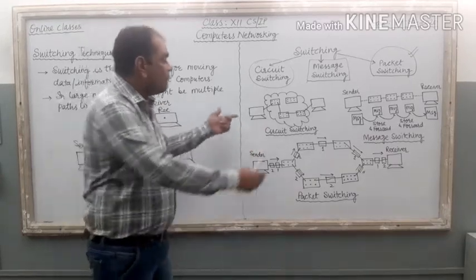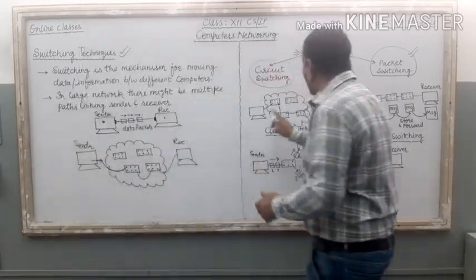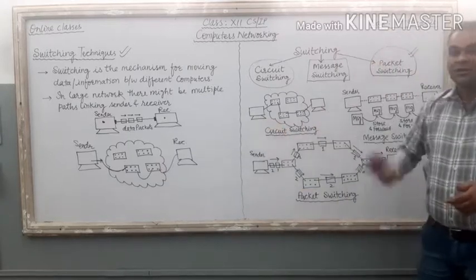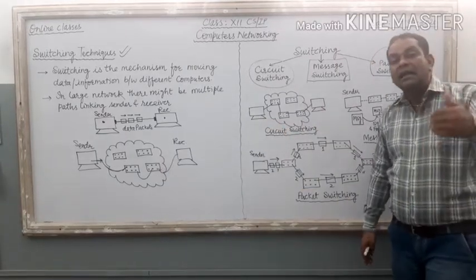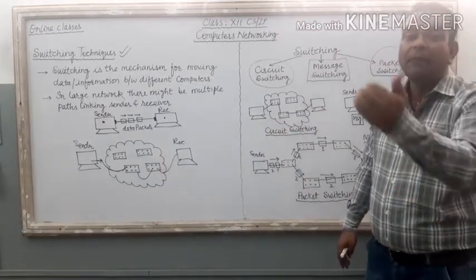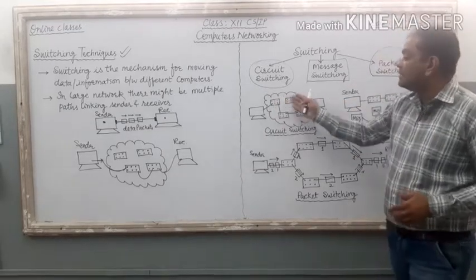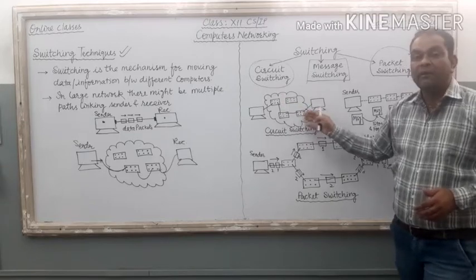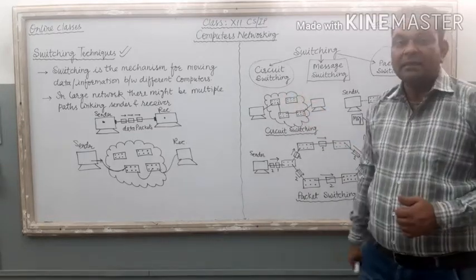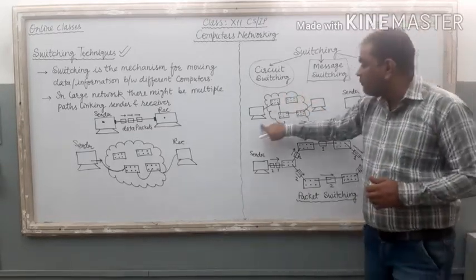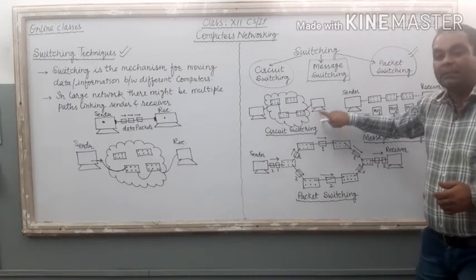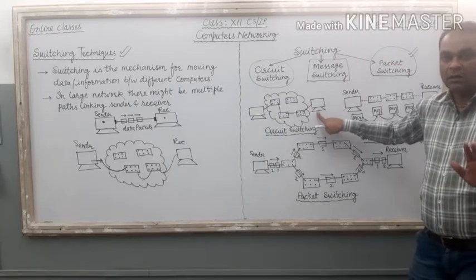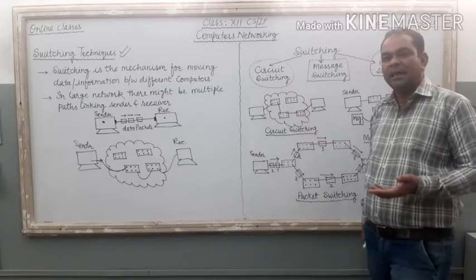As you know, if two computers are connected in a remote location, there are multiple nodes available in between these two PCs. Just see, there are four different nodes available in between these two PCs. Now, if this computer wants to talk with that PC, talk, only then circuit switching is applicable.